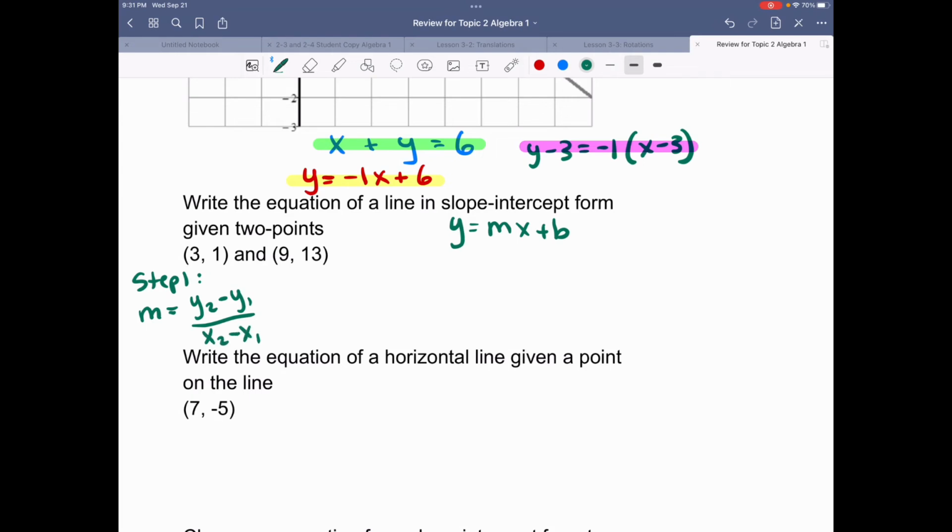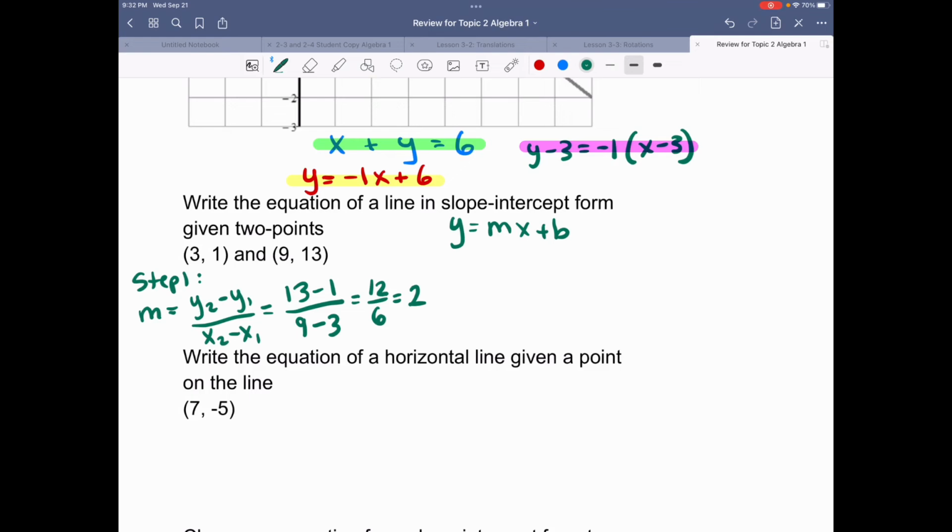You may be getting tired of me writing that, but until you learn it, I'm going to write it. So what is our y2? And what is our y1? Good, 13 minus 1. What is our x2? 9. And what is our x1? Yeah, 3, so minus 3, which simplifies to 12 over 6, which simplifies to simply 2.